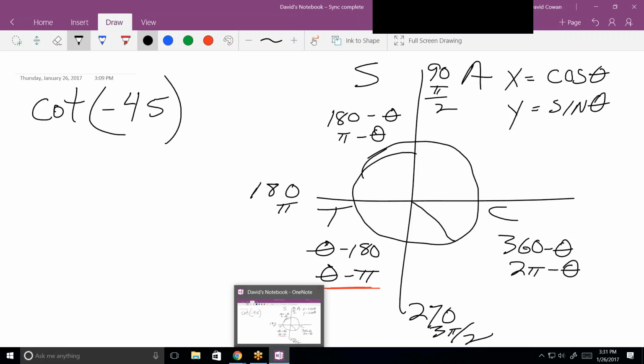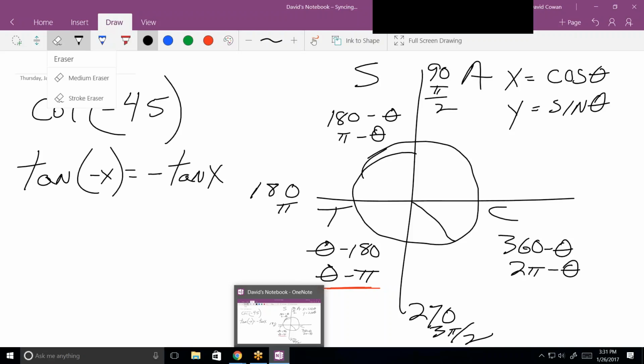First of all, it's necessary to know that the tangent of a negative angle is the same as the negative tangent of the positive angle, because it's an odd function. Okay. Sine and tangent are odd. And if tangent's odd, then cotangent's odd also.